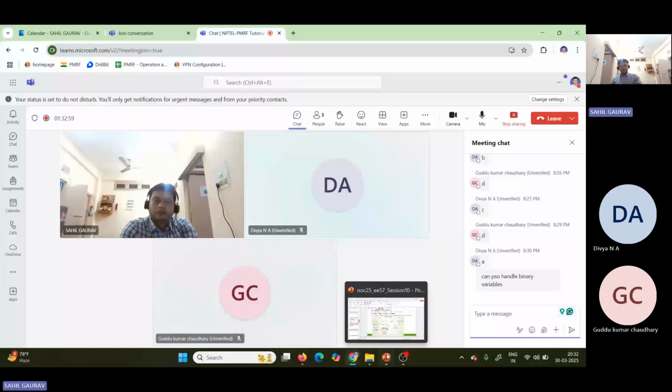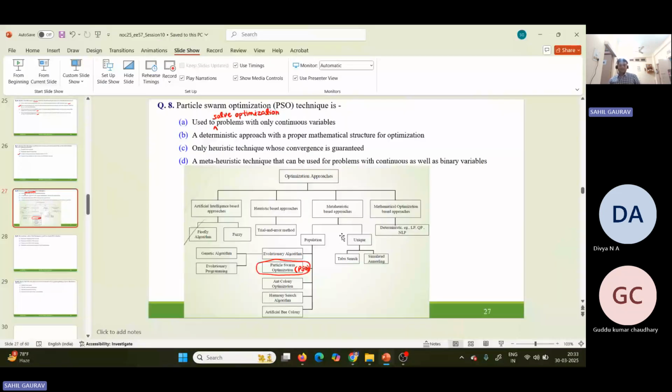It can handle non-linearity, non-convexity, non-differentiability. So there are so many merits of these population-based meta-heuristic approaches. So why can it not handle binary variables? It can handle binary variables also.